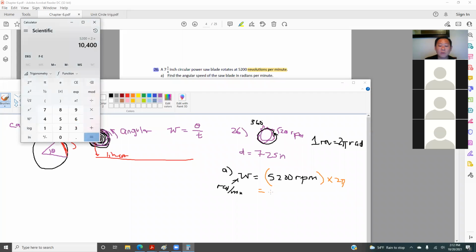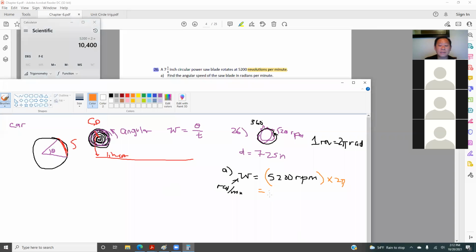So the angular speed in this case is 10,400 pi radians per minute. This is how we do the angular speed.